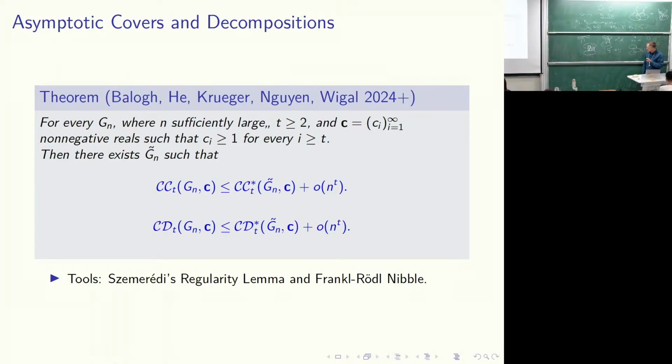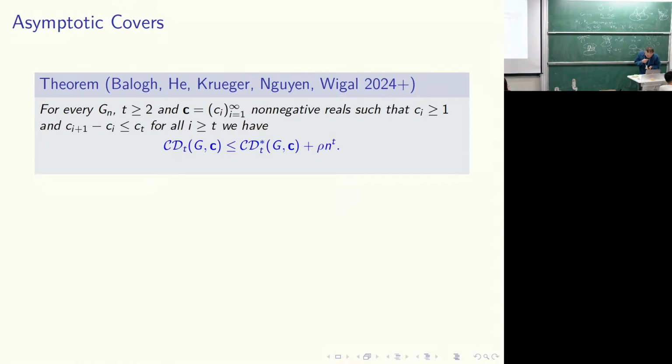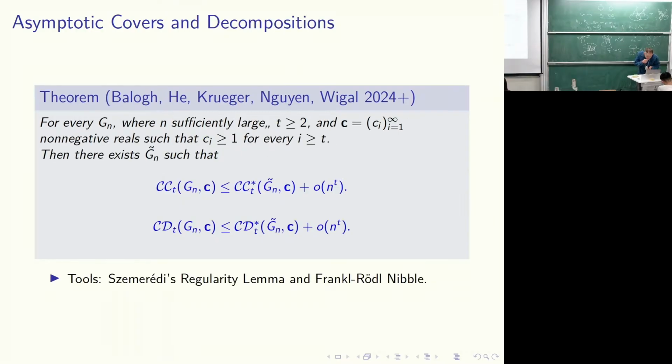Haxell–Rödl theorem, that the fractional decompositions or the fractional coverings are not far from the true ones, and for the covering problem we managed to do this, but for a second I thought that we didn't manage to do 4 also.